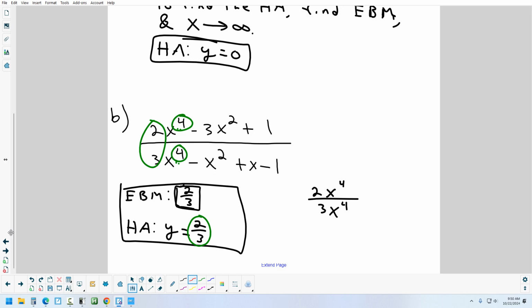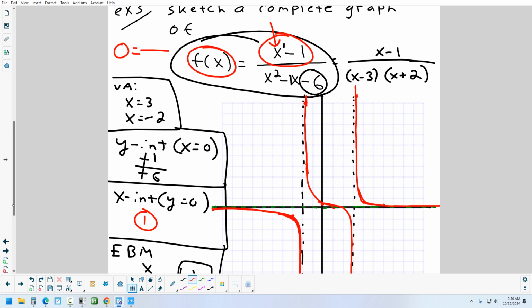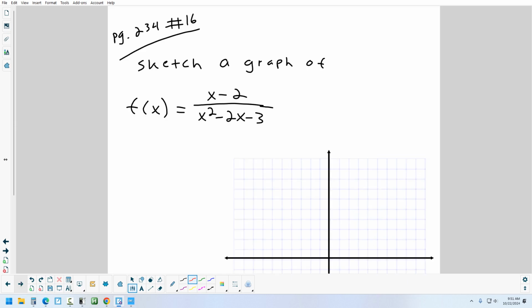You're going to have the exact same graph, but the horizontal asymptote is going to be shifted up from 0 a little bit. So it just moves everything up. All right, but we'll take a look at one of those tomorrow. So we'll do one of those tomorrow, and then we'll do the last part of 4.2.